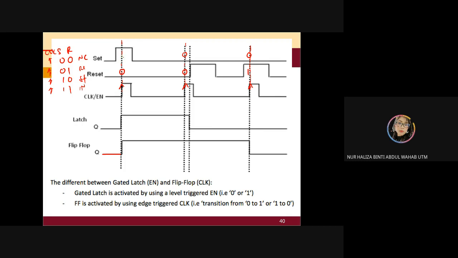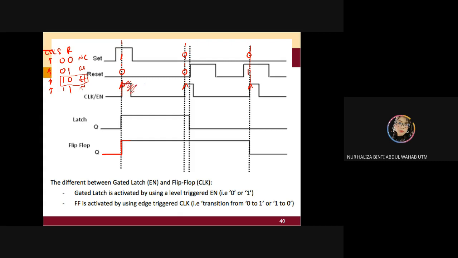Oh, sorry, this one is 1. 1, okay? 1, 0. 1, 0 is what? 1, 0 is set. So I'm going to change here. At this line, I'm going to change to be 1 or set.